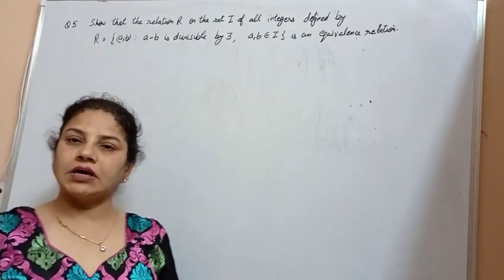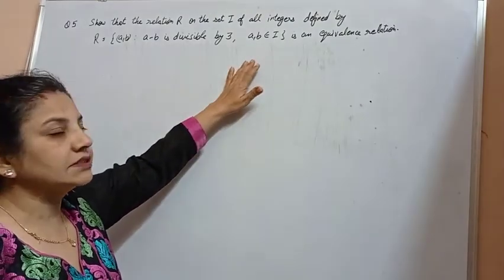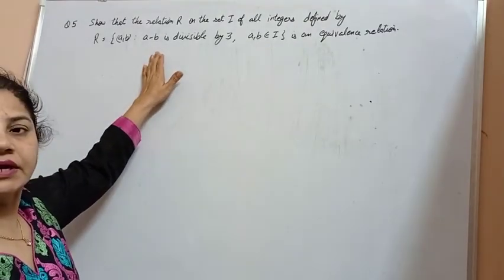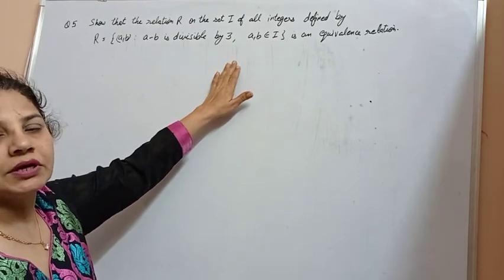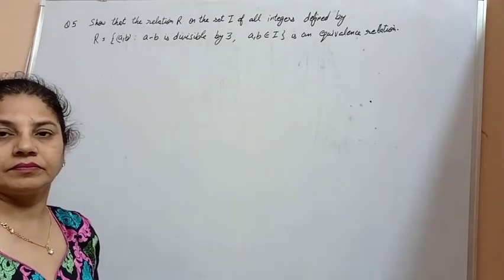Show that the relation R on the set I of all integers, defined by (A, B) belongs to R such that A minus B is divisible by 3, where A, B belong to integers I, is an equivalence relation.